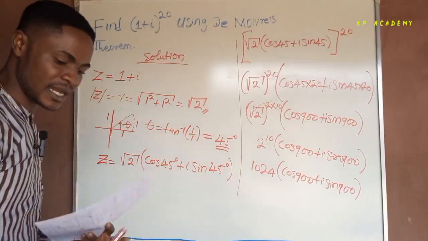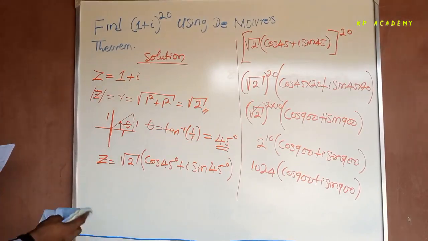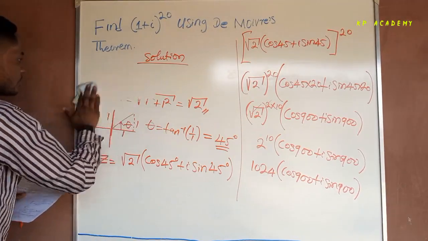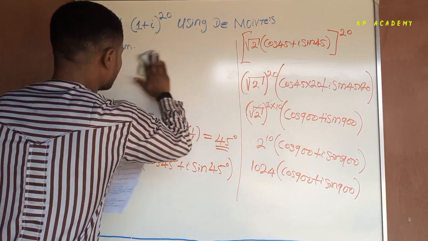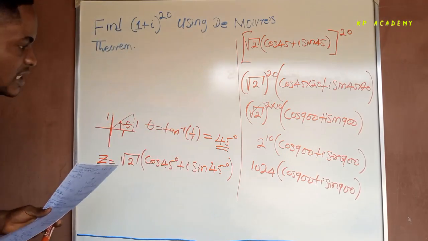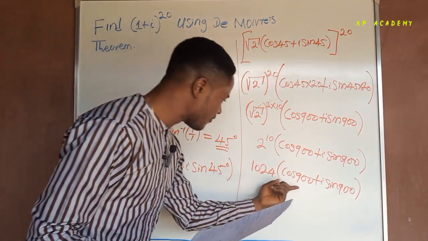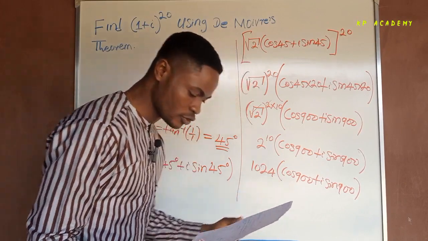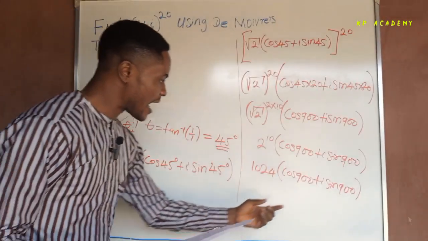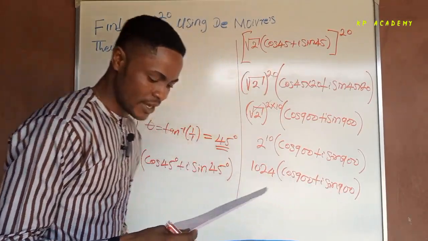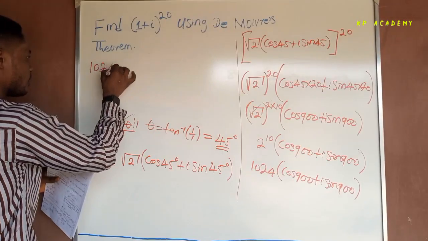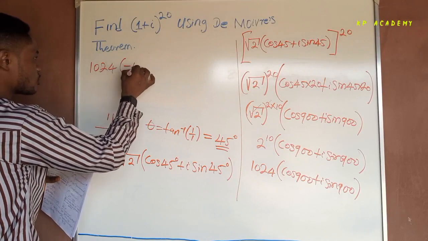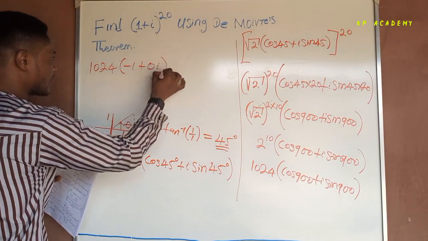At this part, we are almost done. At this point, we're going to evaluate. Cos 900 is minus 1, and sine 900 is 0. Therefore, this is 1024 into minus 1 plus 0i.